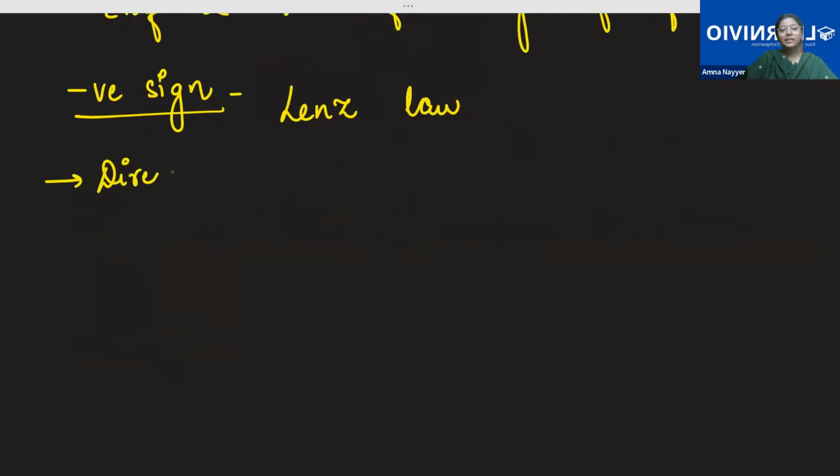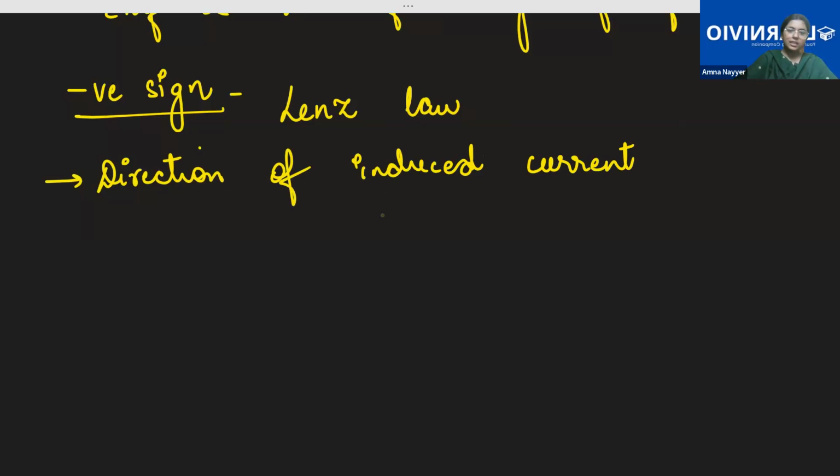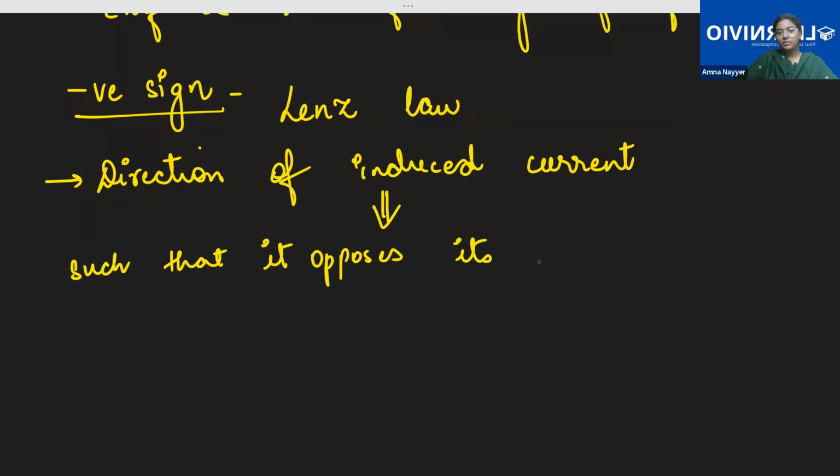The direction of induced current is such that it opposes its cause, the cause that produces it.